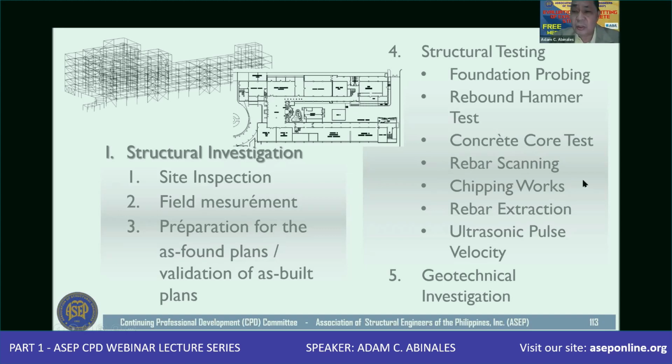And then we have to do rebar extraction for us to get the strength of the steel. And then we have to conduct a UPV if we have seen some cracks. And then definitely, if this building was built in the 60s, you do not know what has happened underneath, then you have to perform geotechnical investigation.